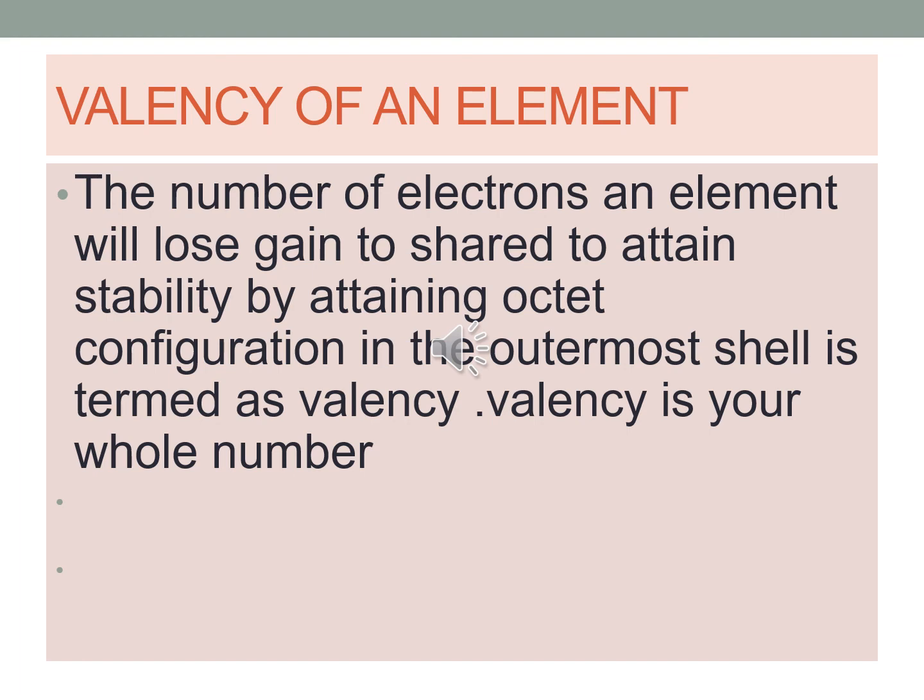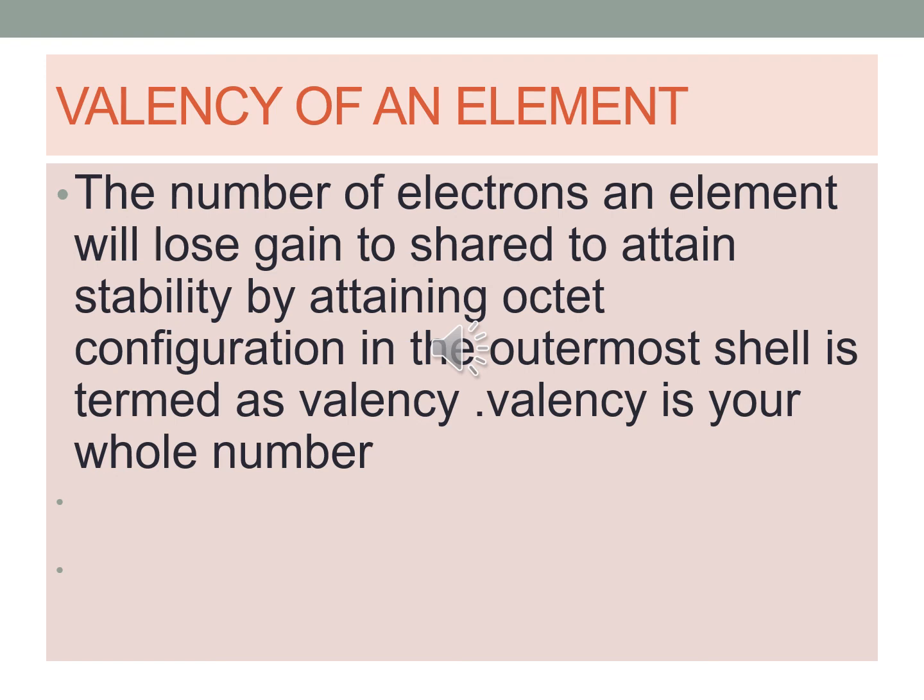Okay, children. Now the third one, listen, we take the carbon element. Its atomic number is 6, so the arrangement of electrons is 2, 4.